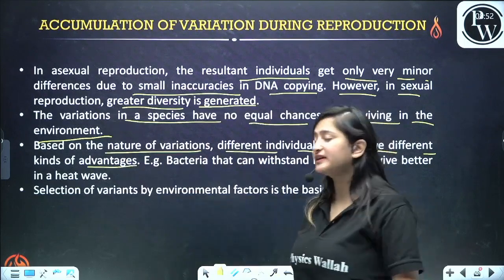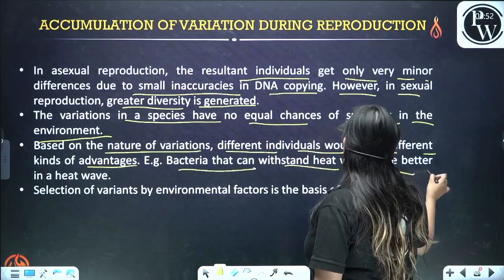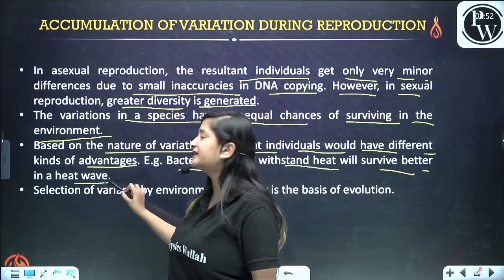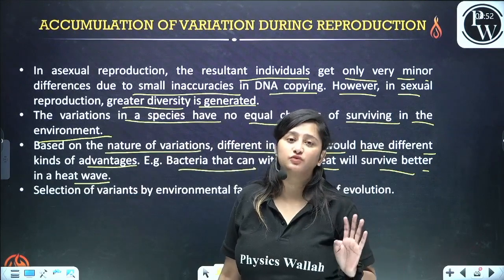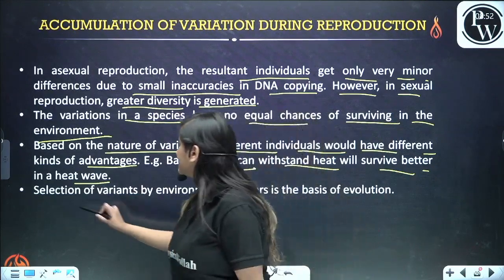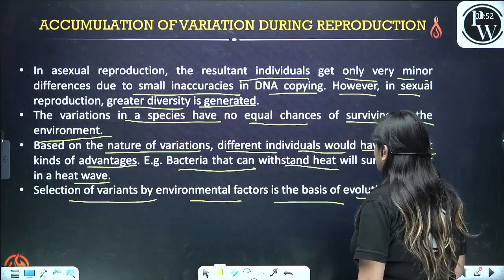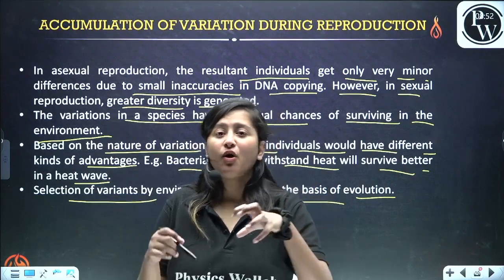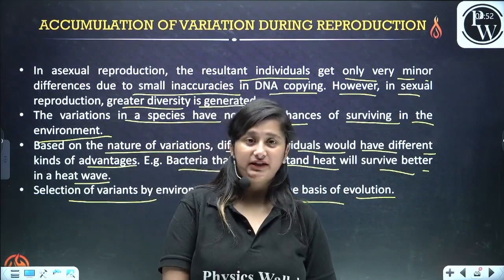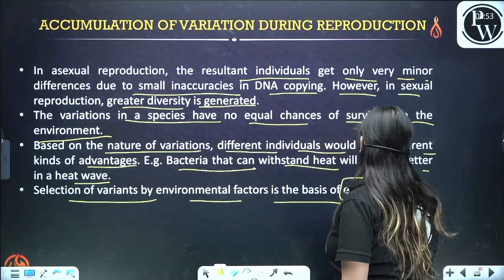For example, bacteria that withstand heat will survive better in a heat wave. So this variation basically gives an advantage to the organism. Now, selection of variation by environmental factors is the basis of evolution.